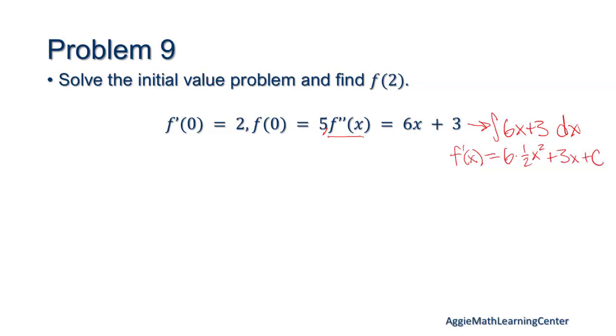And then note that we have f prime of 0 right here, and we know that that's equal to 2. And so what we're going to do is plug 0 into our f prime of x function to solve for c. And so we can do this by taking f prime of 0, which is equal to, if we were to multiply this out, oh, sorry guys, I didn't simplify this.